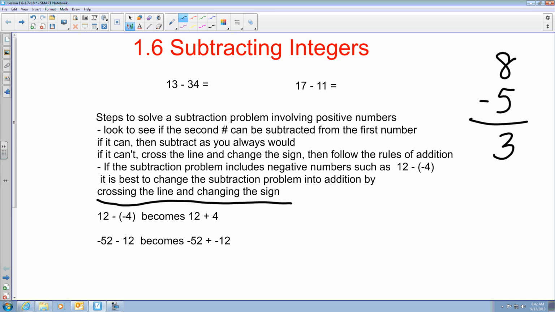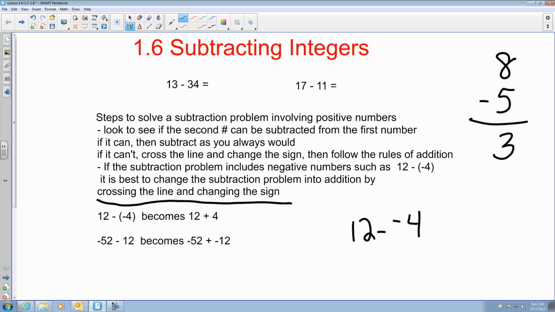But if you're given something along the lines of subtracting a negative number, your best chance is to turn the subtraction problem into addition by crossing the line, changing the sign. The example they give us is 12 minus a negative 4.